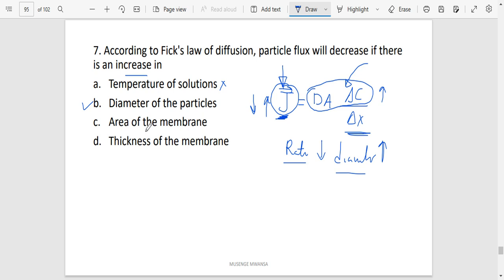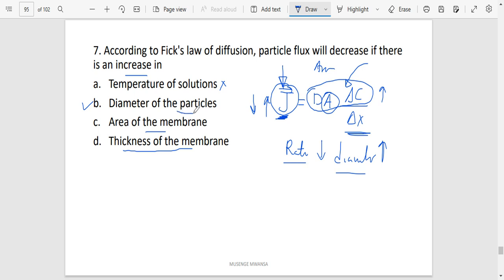Increase. The area of the membrane should decrease if I want to decrease the rate. Let's talk of the thickness of the membrane, that is simply area, isn't it? We can talk about that. We know that the area of the membrane is proportional to the rate of diffusion.